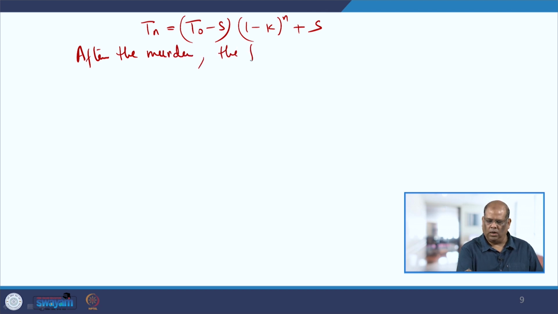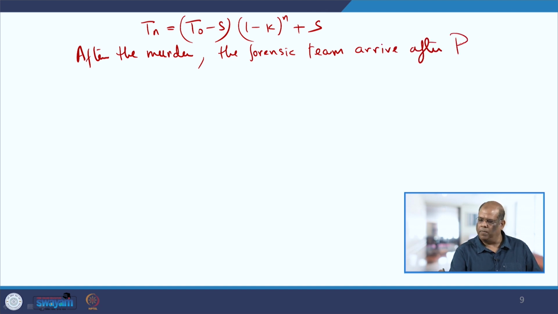the forensic team arrives after, say, p minutes. So, the first equation is Tp.